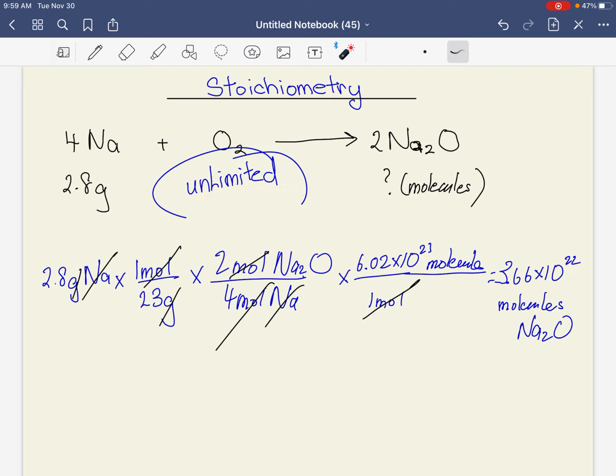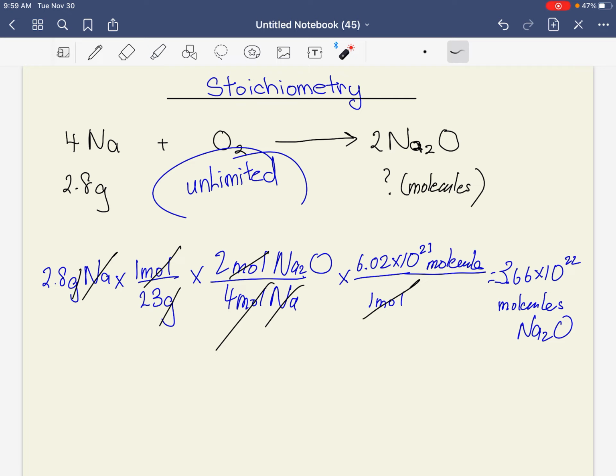So as you can see, there are many possibilities in terms of what I can give you and what I want from you. Okay, I can give you this in molecules too. Can you tell me how many molecules of this you're going to produce? Or I can give you this in molecules and ask you, hey, how much mass are you going to produce of this?